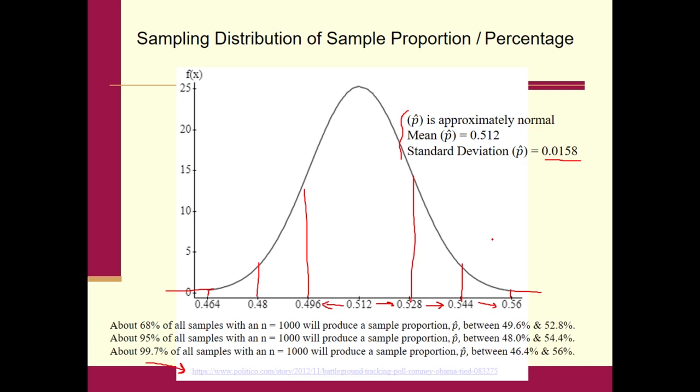Basically both candidates are getting about 48% in our poll. So 48%, 0.48, is right here. It's a little lower than what President Obama actually got. But is that all that far off?